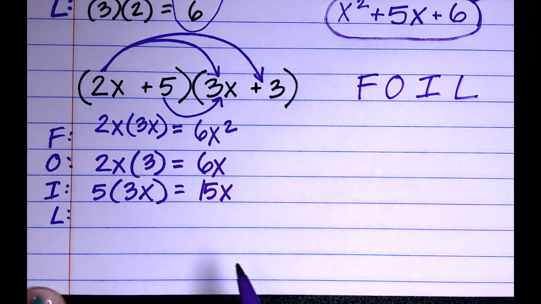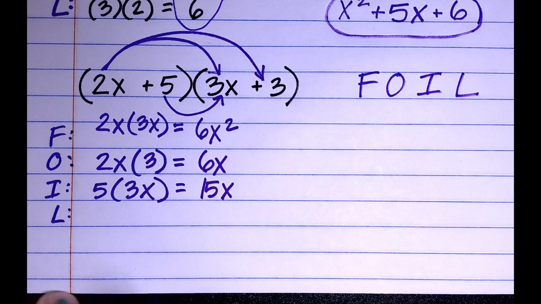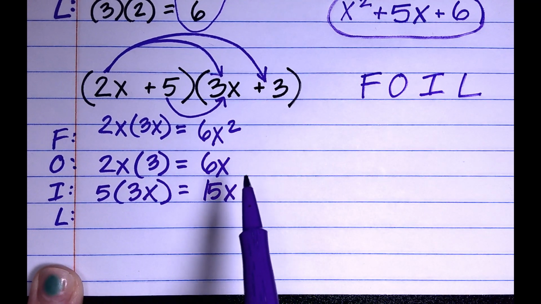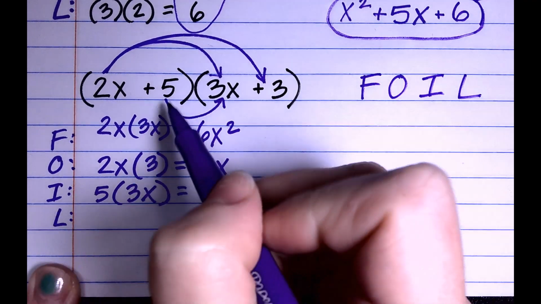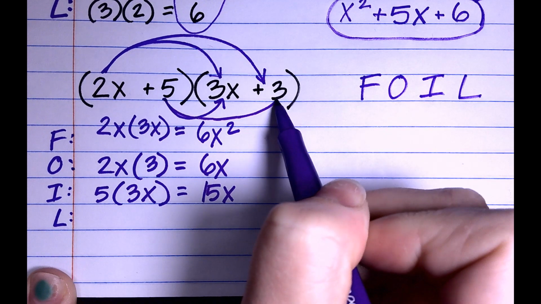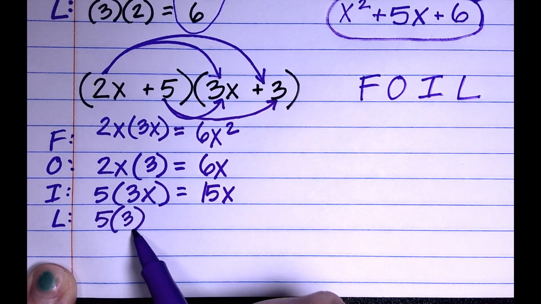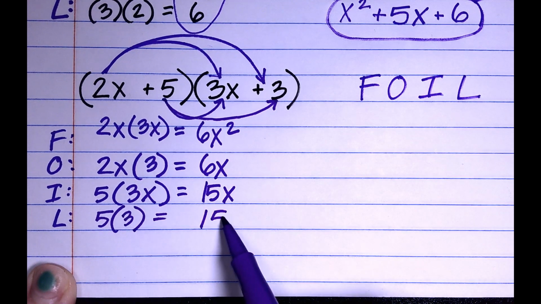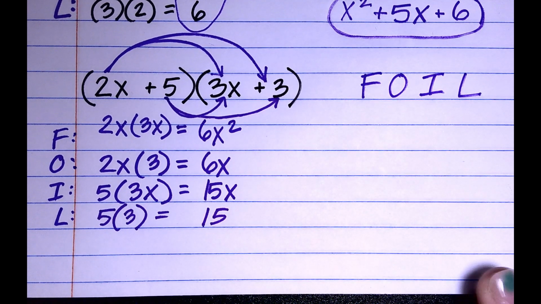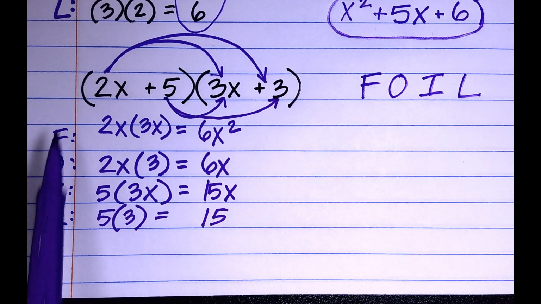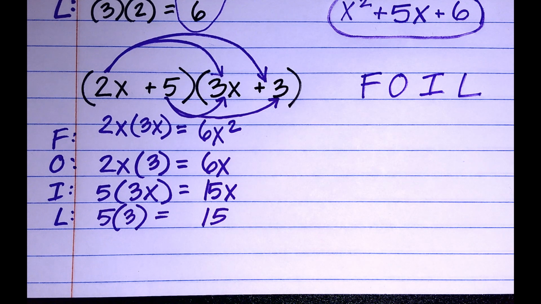And last but not least, perfect, the last terms of each one, 5 times 3, 15. Perfect. Okay, so we have done each of the 4 steps in the FOIL method.